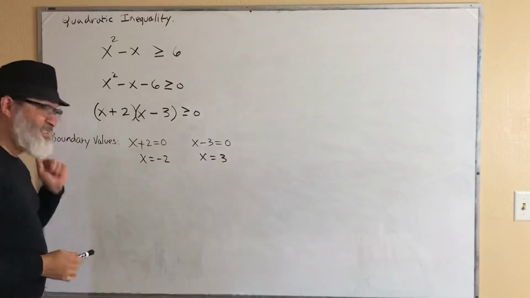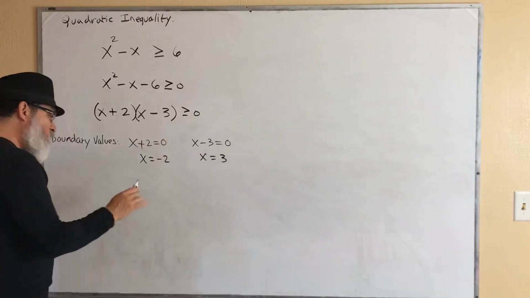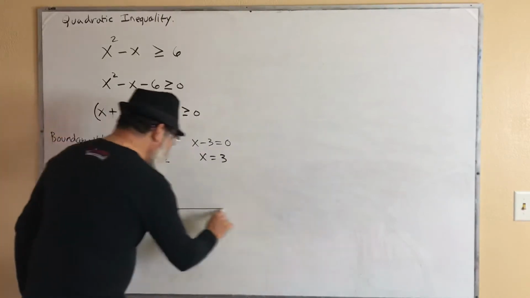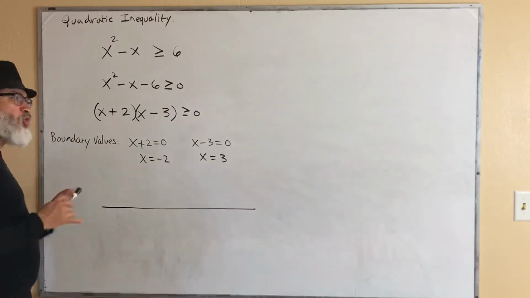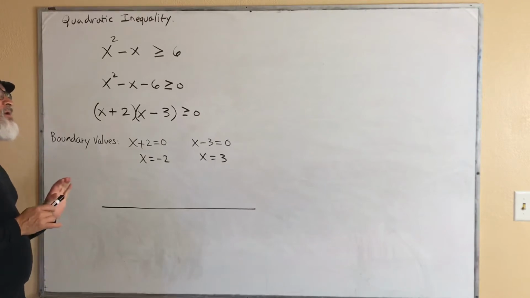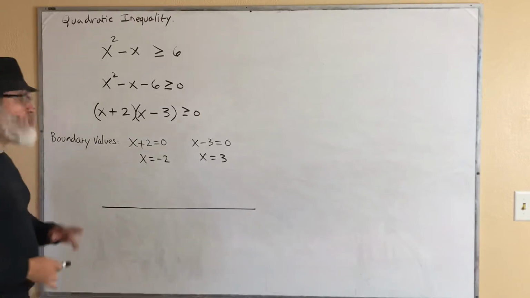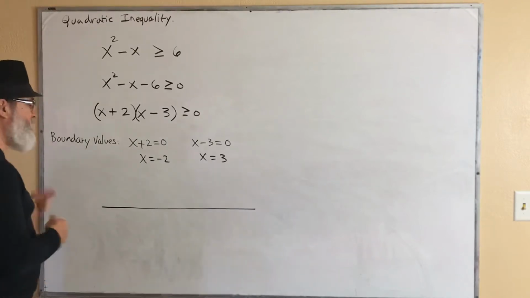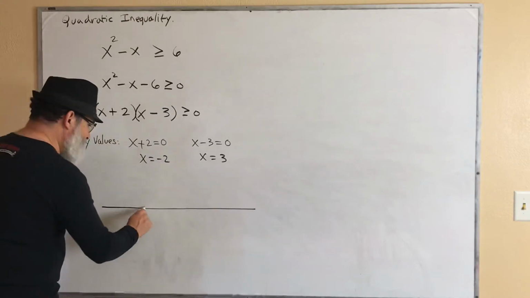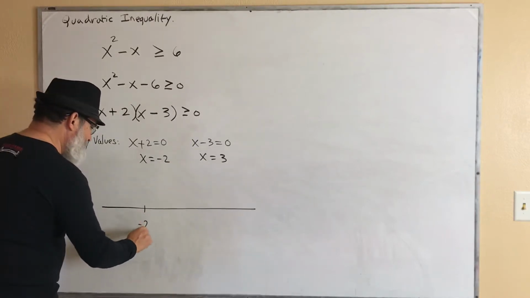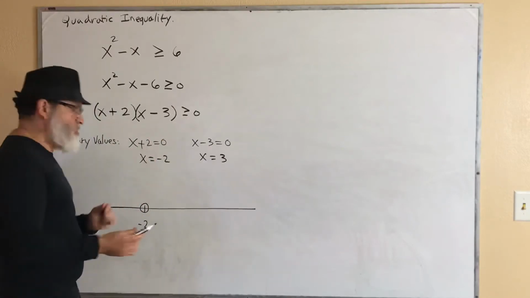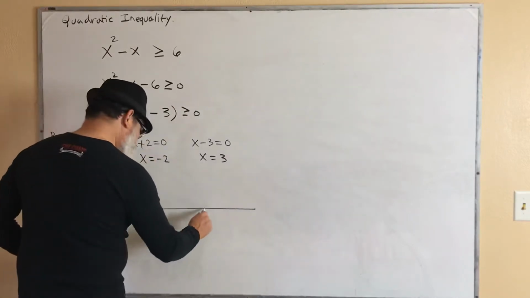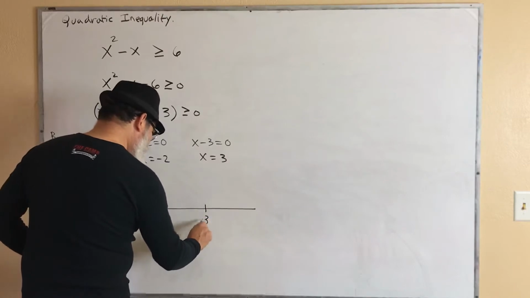Now, go to the number line and mark your boundary values. Negative 2 is there, circle negative 2. 3 is to the right, circle 3.